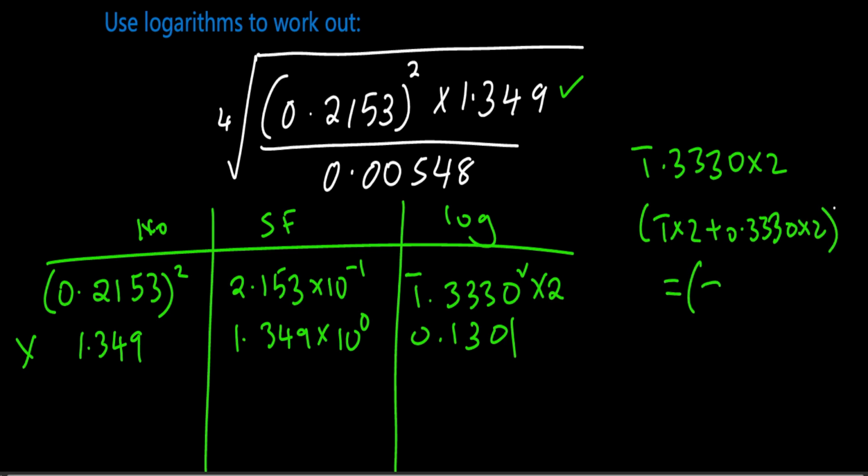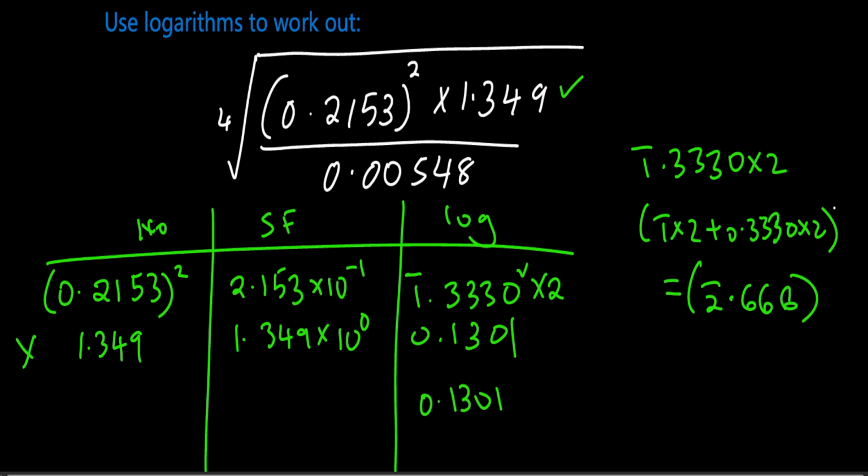So this one is going to be bar 2. 0.3330 times 2 is going to give you 0.666. So the final answer to this one is going to be bar 2.666.